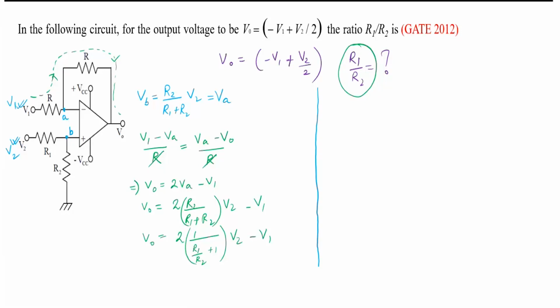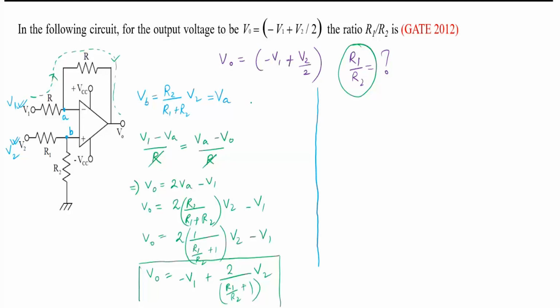Now if I rearrange, I can write minus V1 plus 2 divided by R1 by R2 plus 1 into V2. So this is the expression of the output.